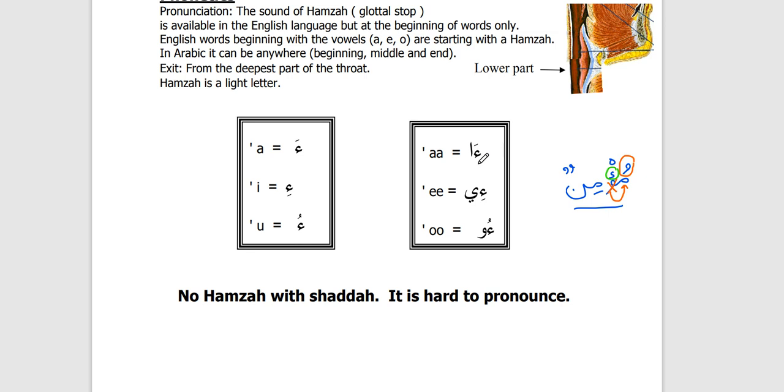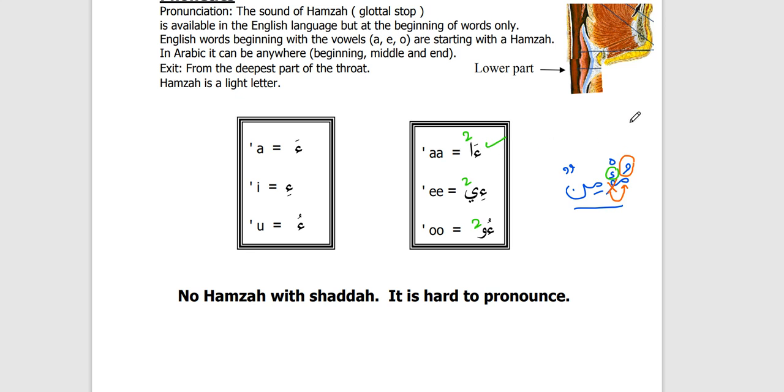And here you can see Hamza coming with the long vowels. Now when Hamza is coming with the long vowel, that means this long vowel alif has 2 counts, the long vowel ya has 2 counts, and this waw has 2 counts. So the sound of Hamza is prolonged with the long vowel a.